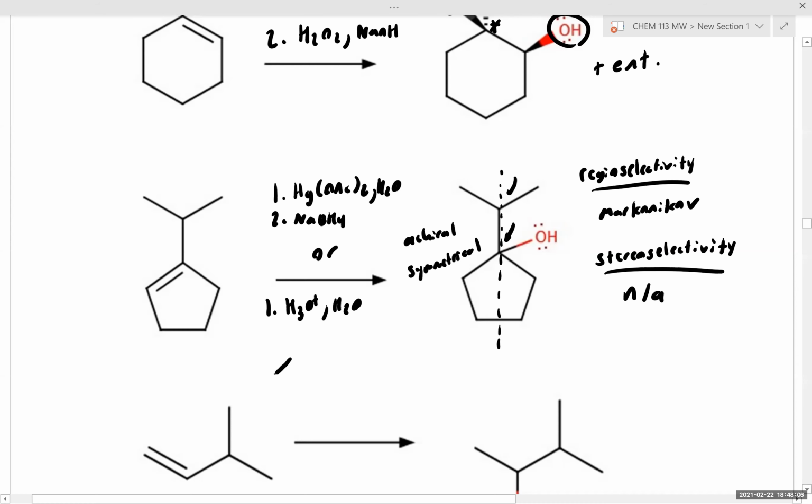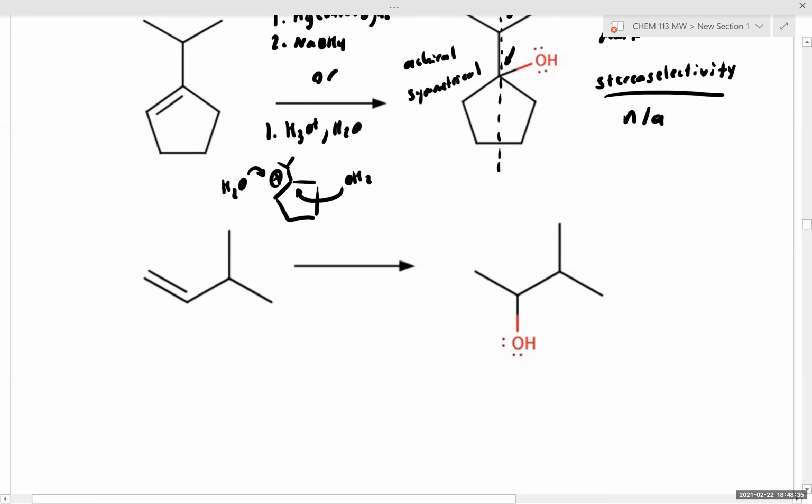Because under acidic conditions, we're going through a carbocation intermediate, it can be attacked from either face. As a result, you get a mixture of stereoisomers that's functionally racemic. Does that answer your question? Yeah, it does. Perfect.